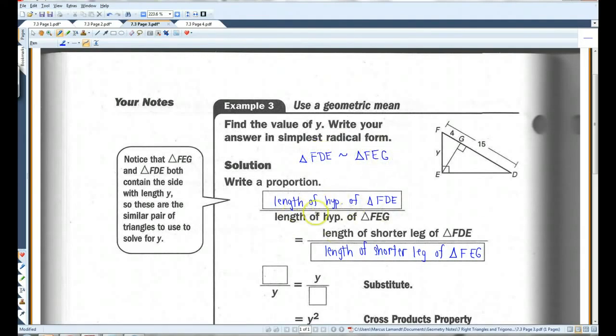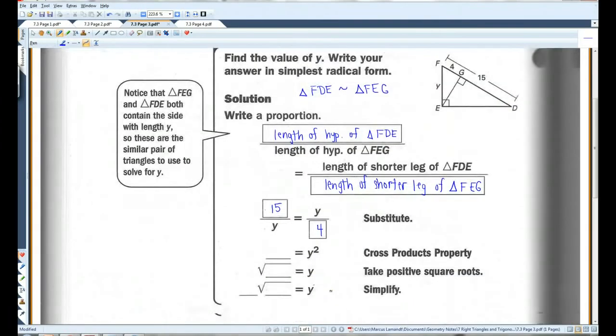I'm using the hypotenuse and I'm using the shorter leg of each triangle. Okay, this is a proportion. The length of the hypotenuse of triangle FDE is 15. The length of the hypotenuse of triangle FEG is y. The length of the shorter leg of FDE, that's the whole triangle, is y. The length of the shorter leg of FEG is 4.